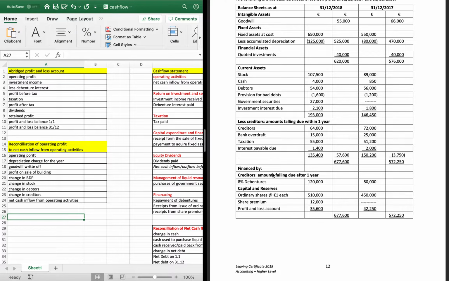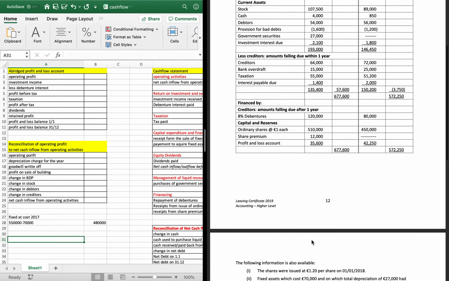I can't do that on my computer, so I'm just going to write fixed assets at cost from 2017, and they are 550, but they include the 70,000, so in effect they're 480, and that's going to be important for me in a little bit.